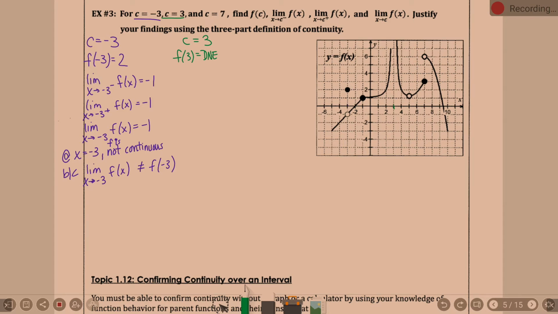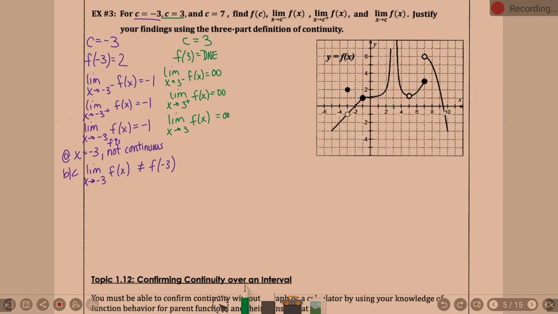The graph has no value there, so it does not exist. What's the limit as x approaches 3 from the left of f of x? Infinity. What's the limit as x approaches 3 from the right of f of x? So what's the limit as x approaches 3 of f of x?